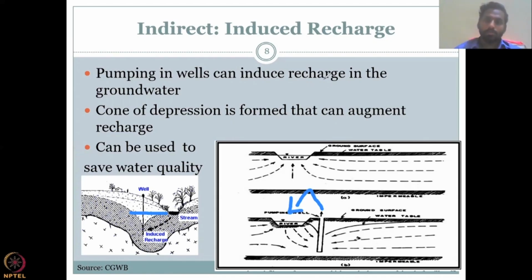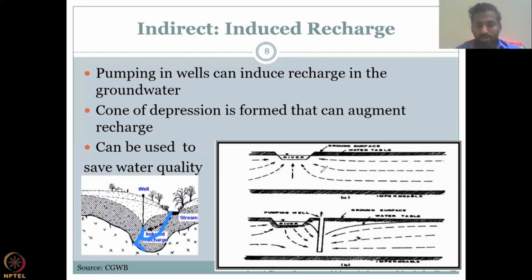However, what is happening now is the water is taken from the stream and goes into the recharge well, and thereby the water level in the recharge well increases because you're pulling more water. So because you're pulling, this river water which was initially going up is now coming down because it has more pull from the tube well. And that is what is inducing the recharge.